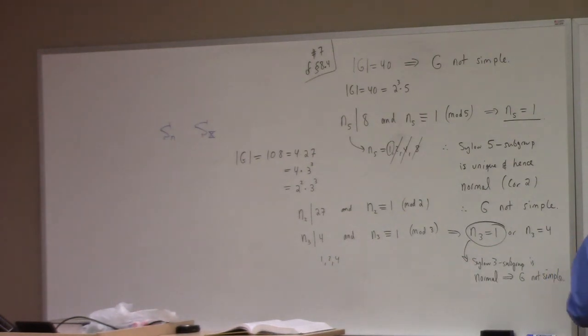Let's see here. G has a lot of wiggle room, though. The order of G is 108. So I'm sorry, the number of Sylow 3 subgroups.